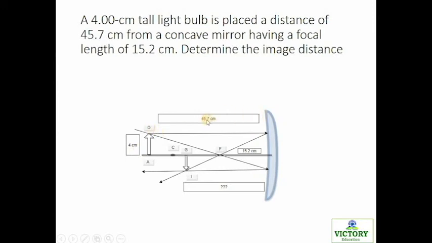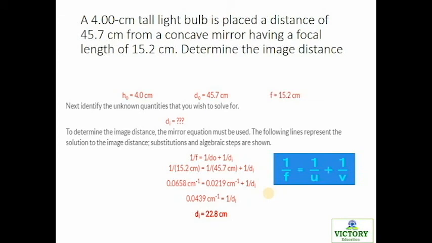What we need to find is the distance between the image and the mirror. It's very easy if we use the mirror equation. So we know that h naught is 4 centimeter, d naught is 45.7 centimeter, and f is 15.2 centimeter. Correct? What you need to find is di, the distance between the image and the mirror.